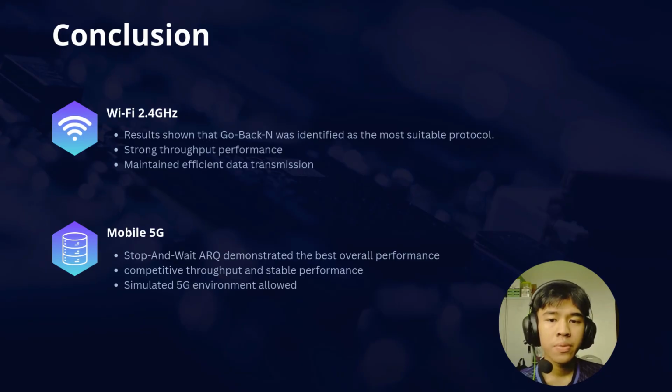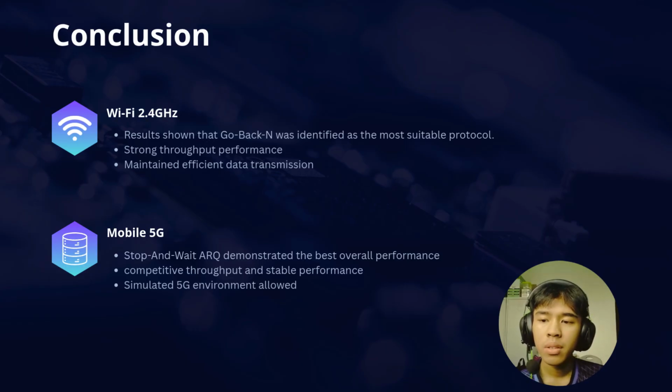Although selective repeat is theoretically expected to provide better transmission efficiency, the simulation results indicated that GBN delivered better overall performance for the selected access network scenario.